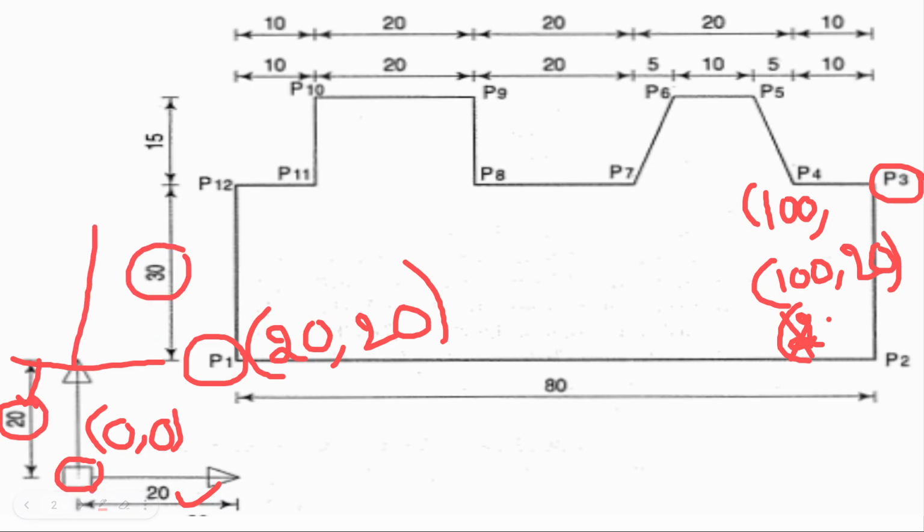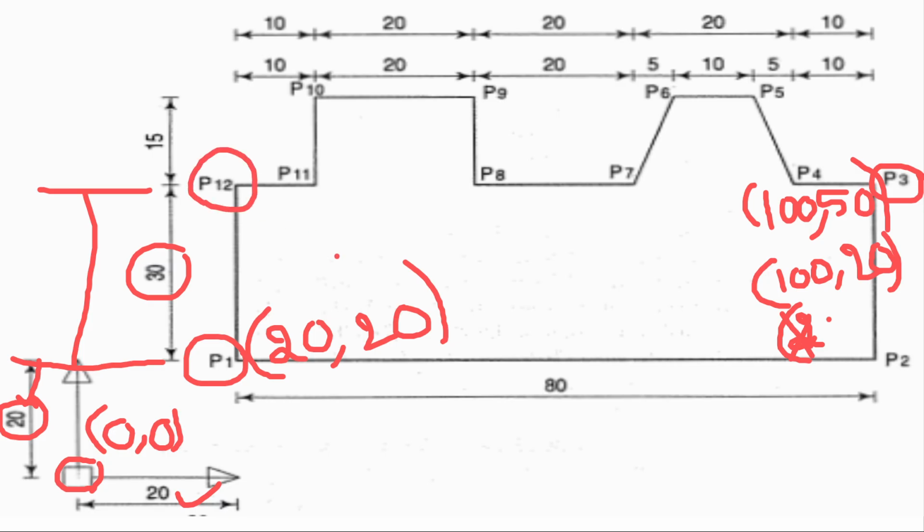You can see from here to here the distance is 30. So P3 is at a distance of 30 plus 20, that is nothing but 50. Similarly, we try to identify points P4, P5, P6, P7, P8, P9 up to P12.